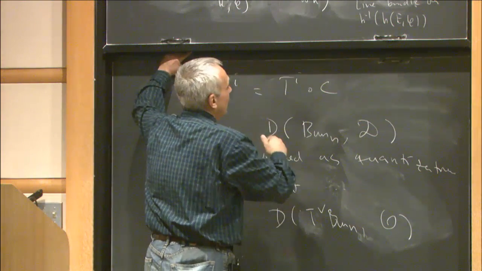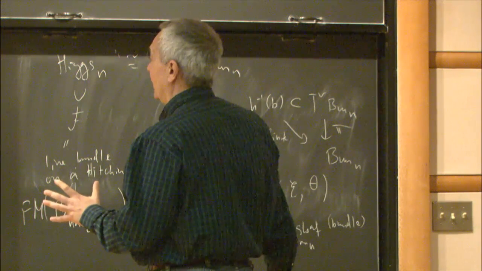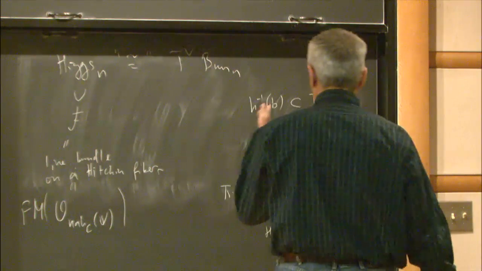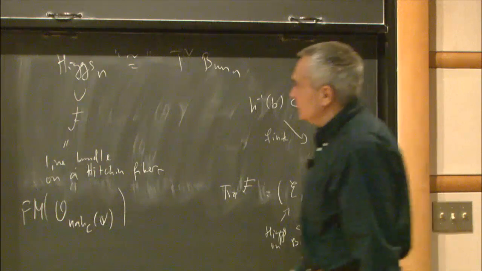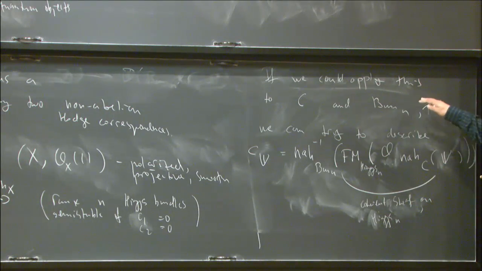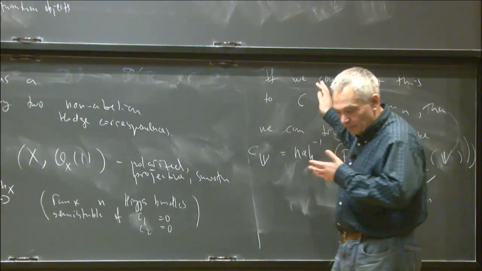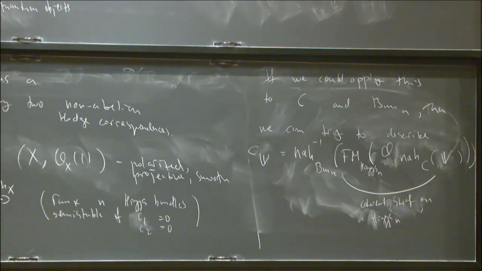So there are two places where this program breaks, and it breaks in an essential way, so you need to tackle these problems. One is that the moduli of bundles is not a smooth projective variety. Even if you impose stability on the bundles, it will be smooth, but quasi-projective.